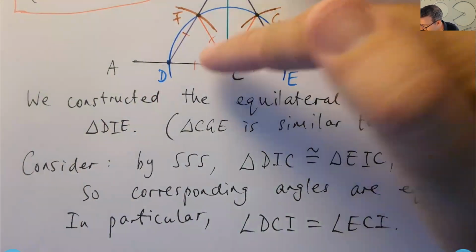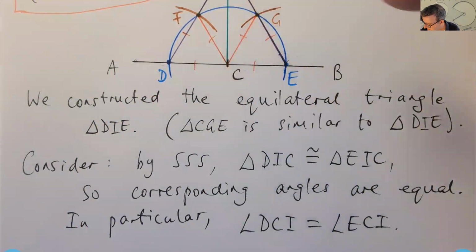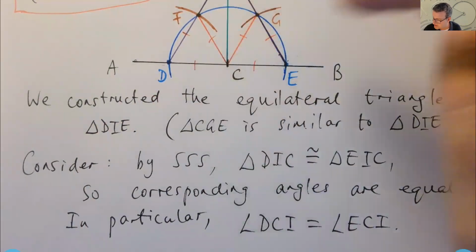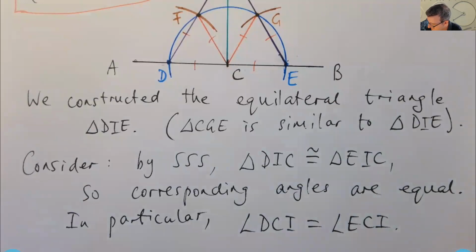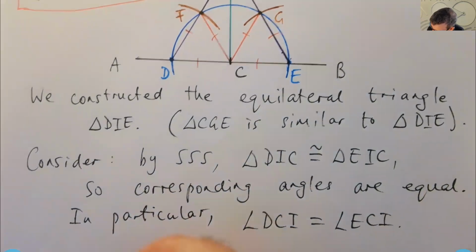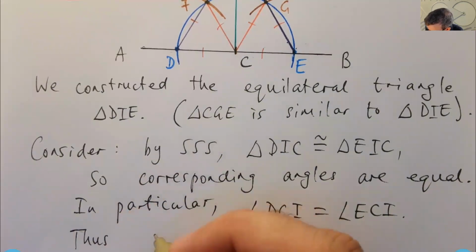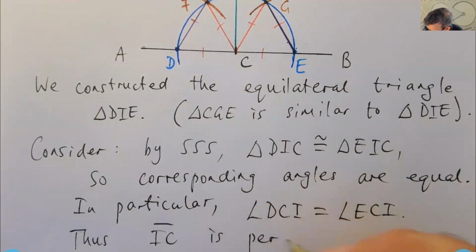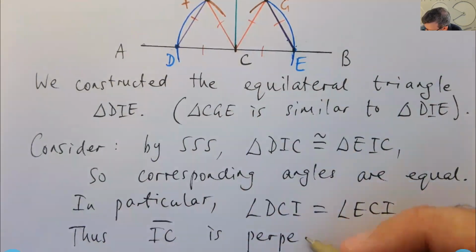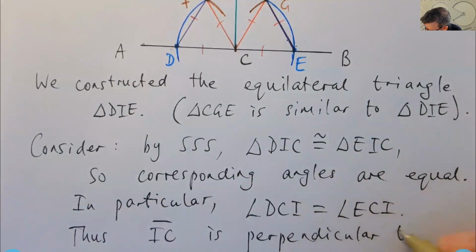It means, well, if that angle is equal to that angle, and they're both contained in the same line, they've both got to be right angles. That's it.